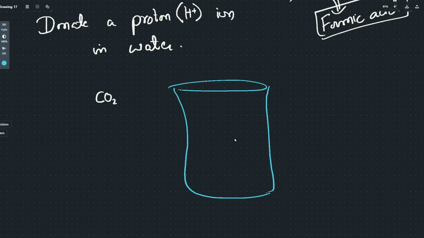And it will react with water, but very slowly, to form what we call H2CO3, the carbonic acid. Normally this process is relatively slow, but in our body we have an enzyme called carbonic anhydrase that speeds up this process, and H2CO3 is formed.